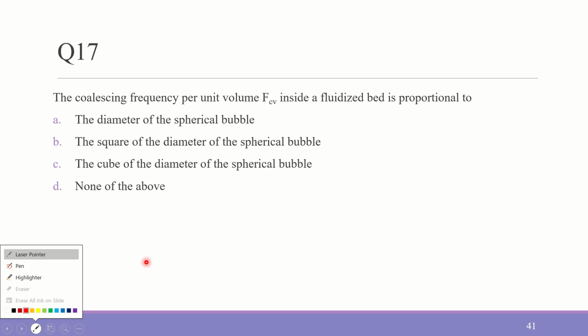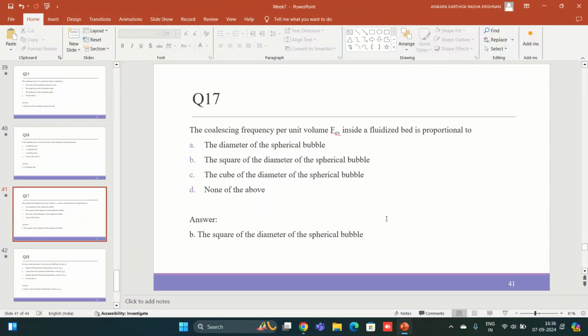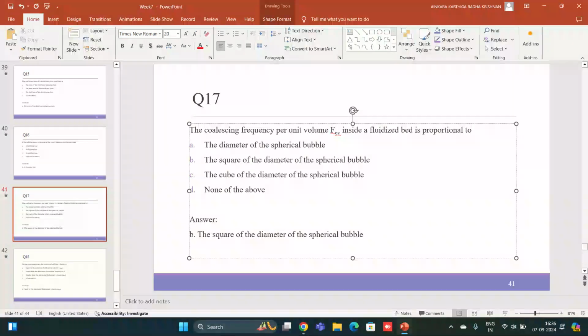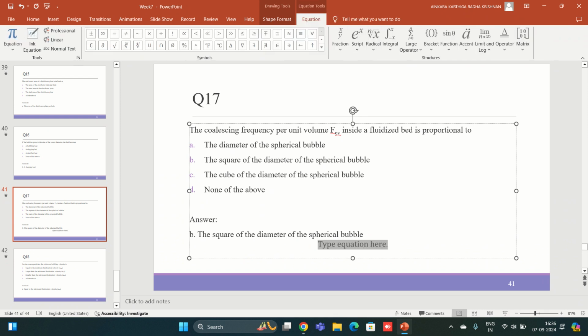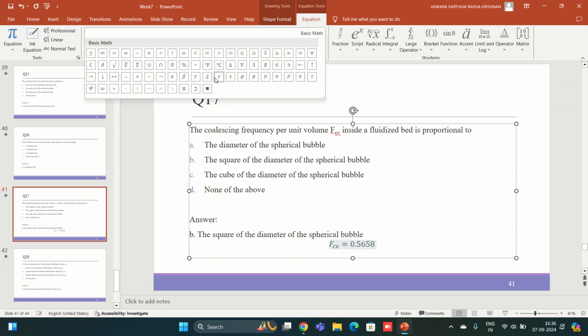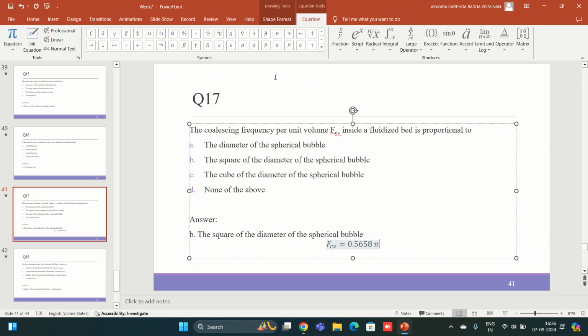The bubble coalescence frequency per unit volume, FCV, is equal to 0.5658 times pi times VB times dB square times n square. So from this we have solved one problem in the last class also.